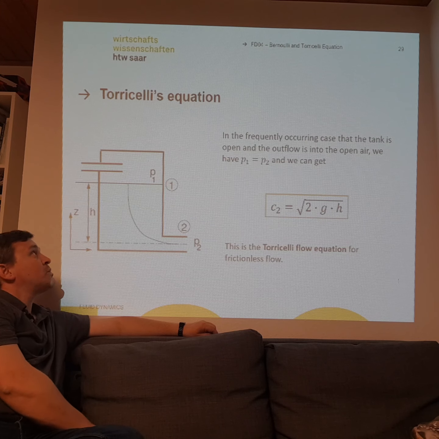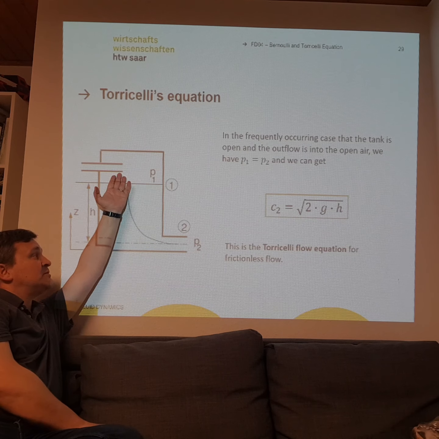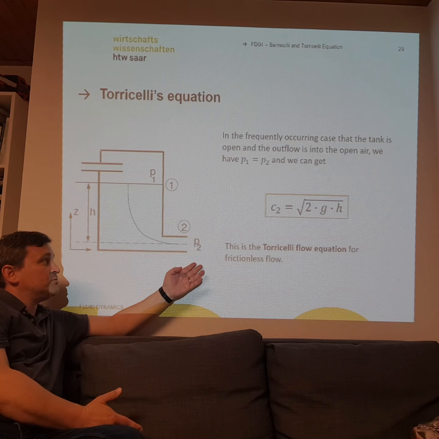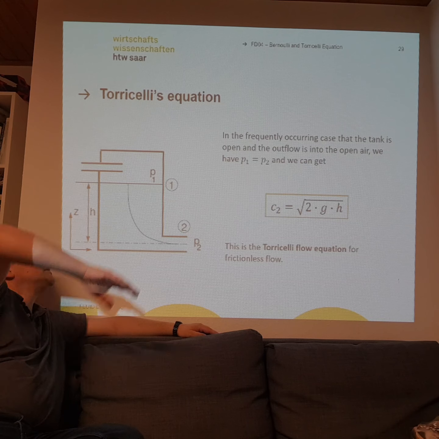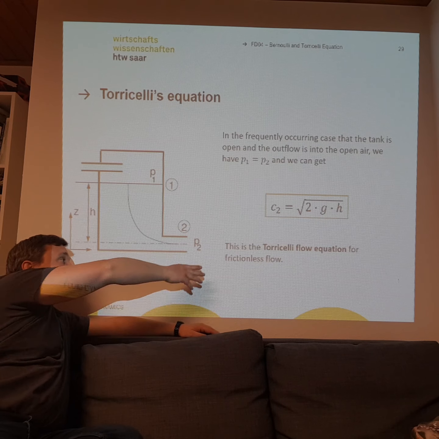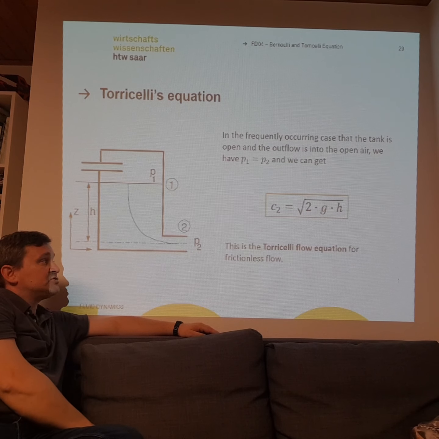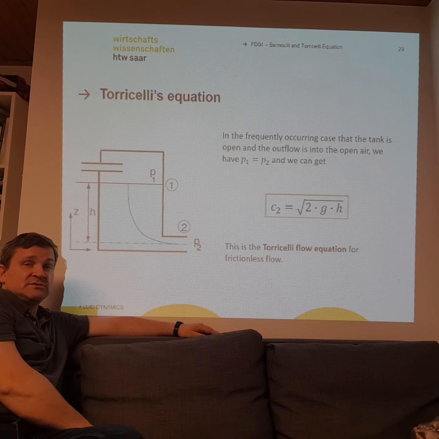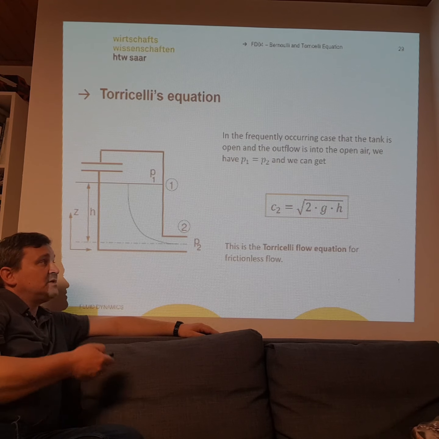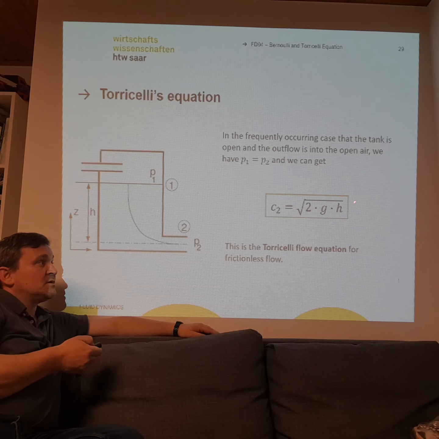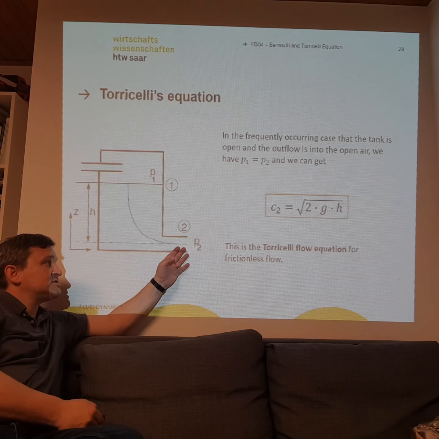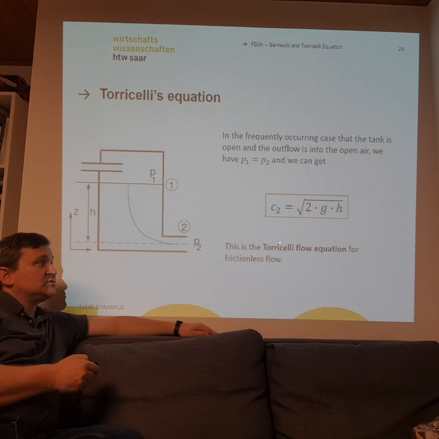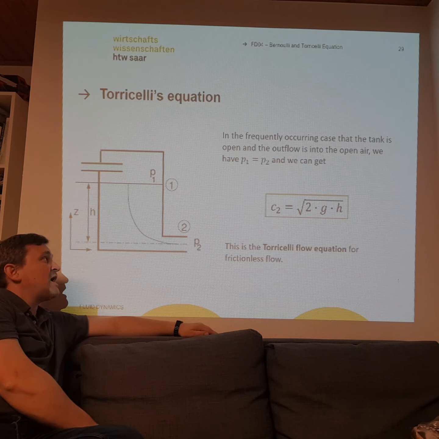If we don't have a big pressure difference, with normal atmosphere of 1 bar here and normal atmosphere of 1 bar there, we can delete the term for the pressure, and only the term for the height is left. So the velocity at the exit is the square root of 2 times the gravity constant times the height of the vessel.